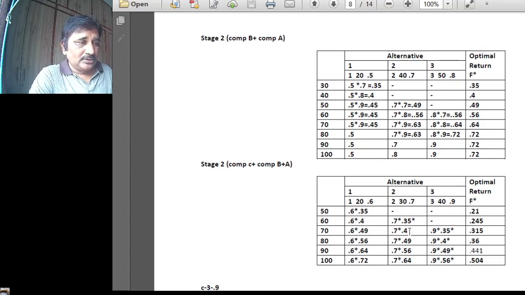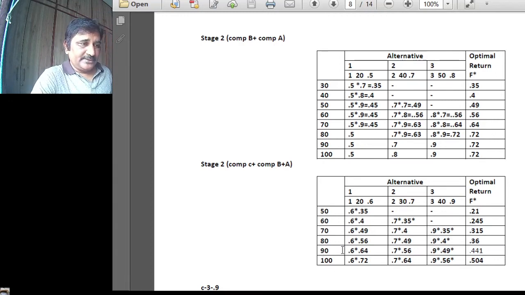0.35, then you know the reasons for having this 0.4, 0.49, 0.56, and 0.64. These are the optimal returns for the remaining value of state, which comes as a result of the state value and the consumption due to choosing a certain alternative.